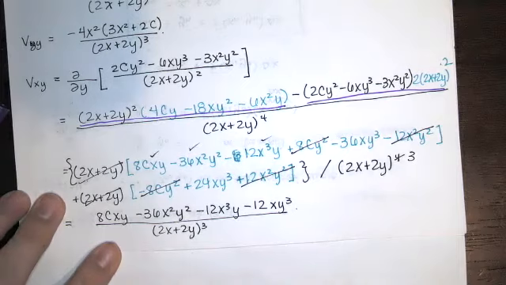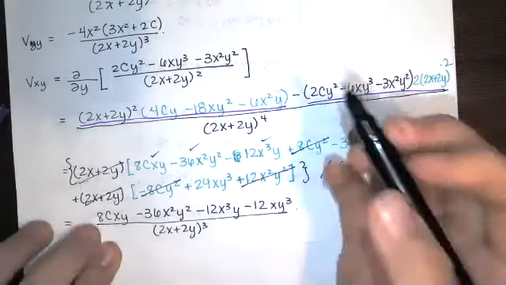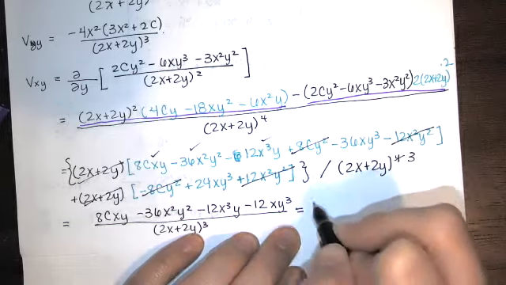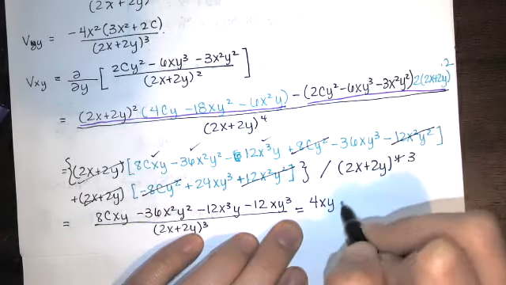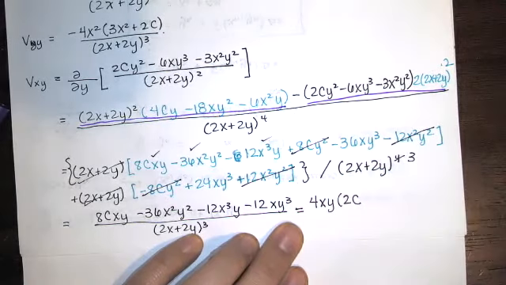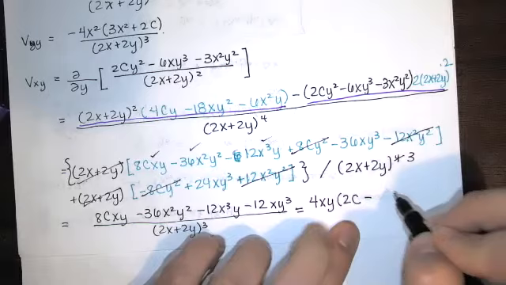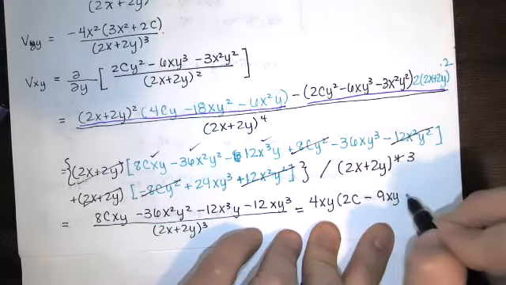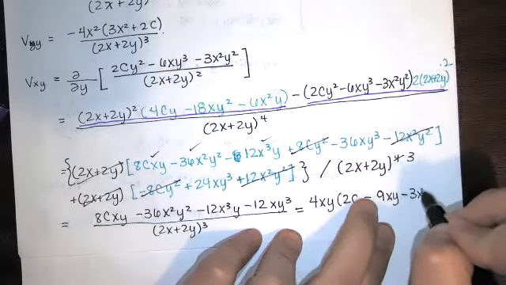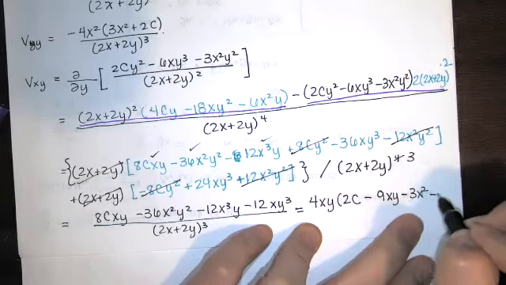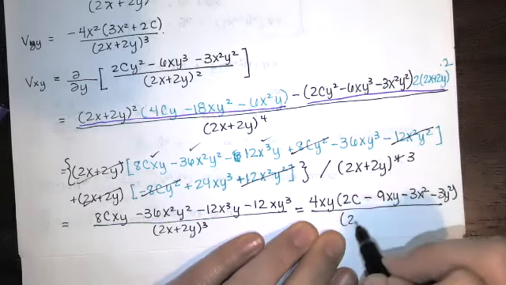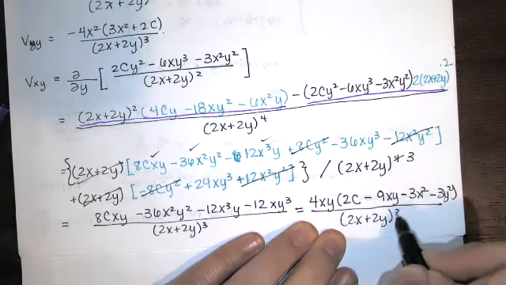And we could factor out an x and a y, and a 4. So you have 2c minus 9 times x times y minus 3 times x squared minus 3 times y squared, all divided by 2x plus 2y quantity cubed.